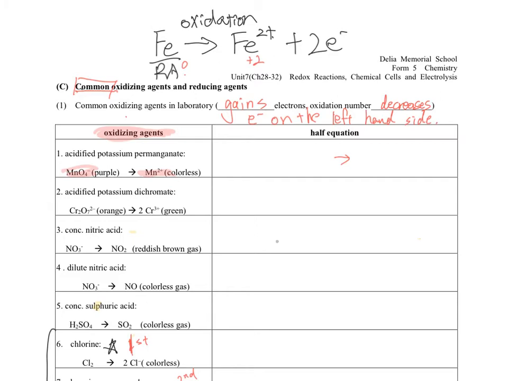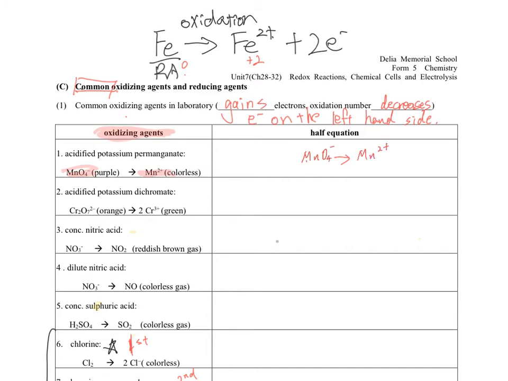For example, this one, as I remember, permanganate ion will change to Mn2 plus.